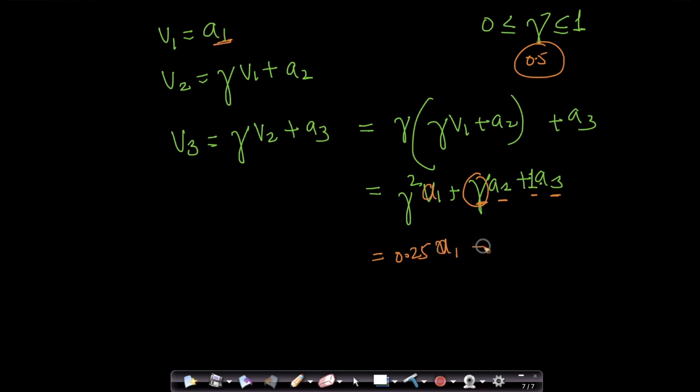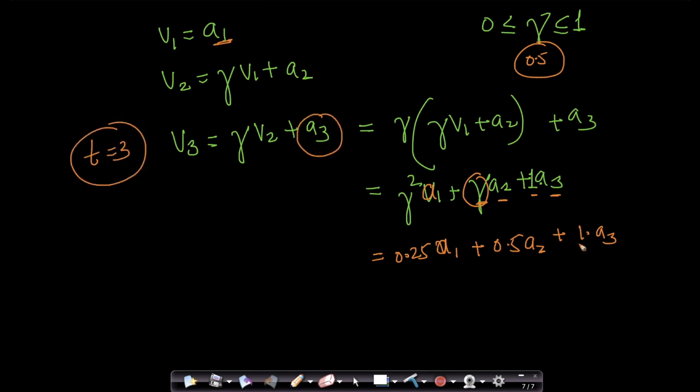So 0.25 A1 plus 0.5 A2 plus 1 times A3. So at t equals to 3, I have seen a value A3 and hence I'm giving more weightage to this. I'm giving lesser weightage to the previous points that I've seen, because I've seen this point at t equals to 2 and this point at t equals to 1. So the most recent point I've seen, I'm giving it more weight. The next recent point, I'm giving it lesser weight.